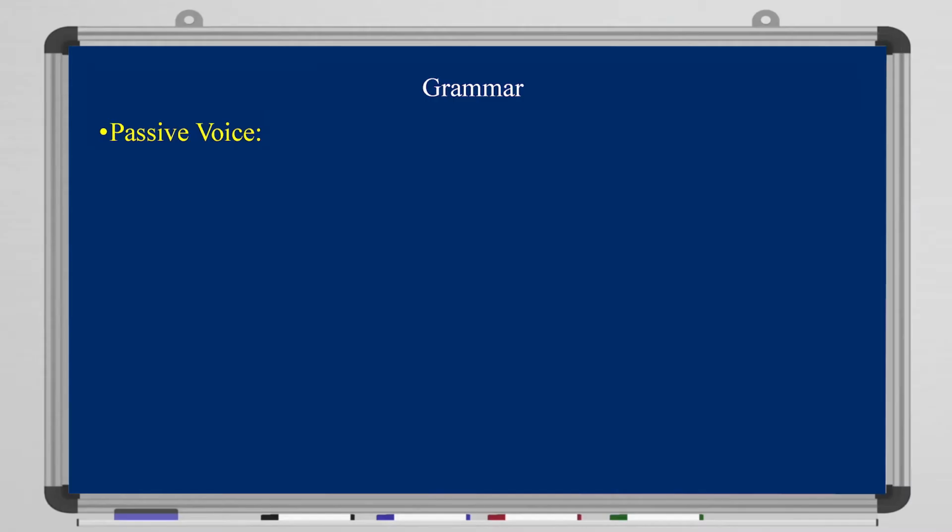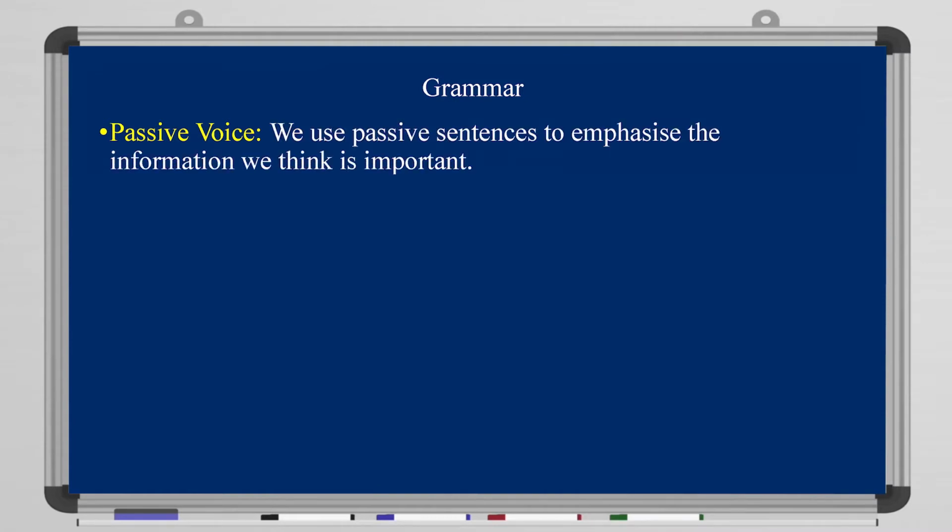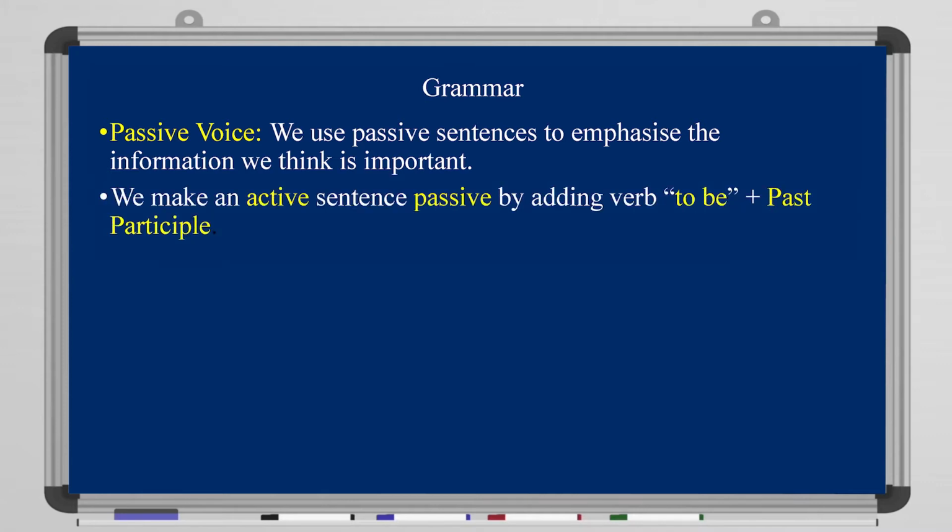In a passive sentence, it is not important who did the verb, but it is important what happened, like who received that verb. So a passive sentence is used to emphasize information we think is important. We make an active sentence passive by adding verb to be first, and then we add the past participle of the verb.